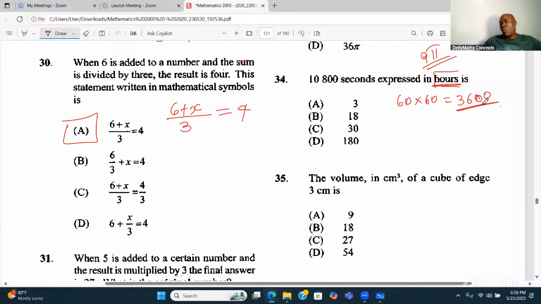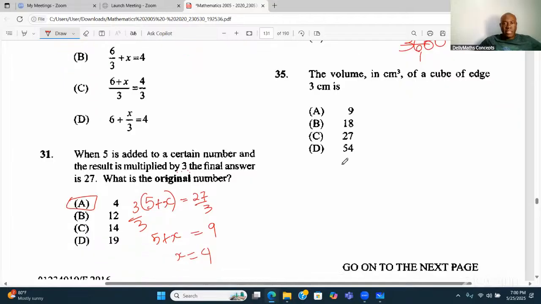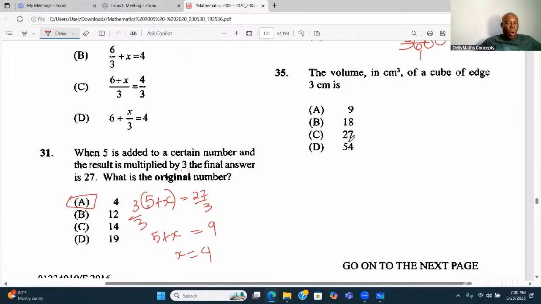So you're going to take your 10,800 and divide it by that to see how many hours you could get. 3,600 seconds is 1 hour. You could see this goes into this 3 times, right? So definitely 3. Remember again, 60 minutes make an hour, 60 seconds make a minute. So when you move from seconds to hours, it's 3,600 seconds in 1 hour.